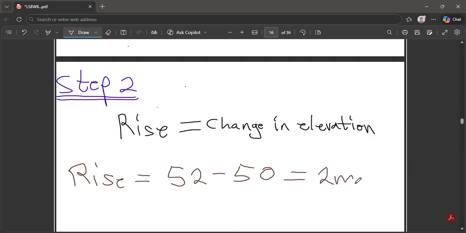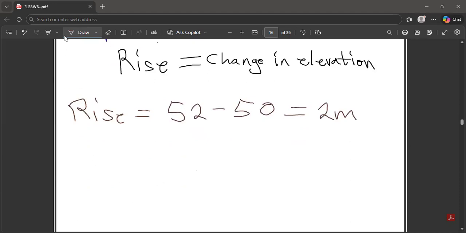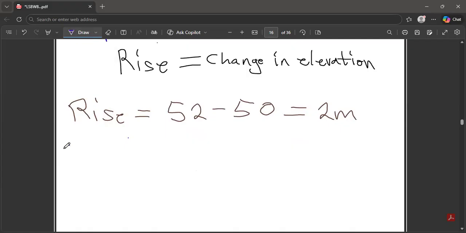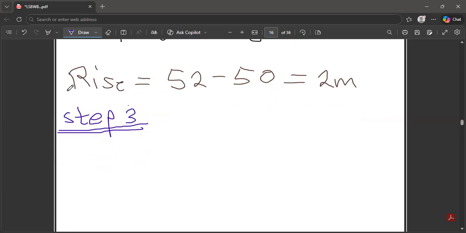So our rise is just 2 meters. Now we can calculate for the average gradient. Now step three. Let's name this step three. Good. So we can now calculate for our gradient.